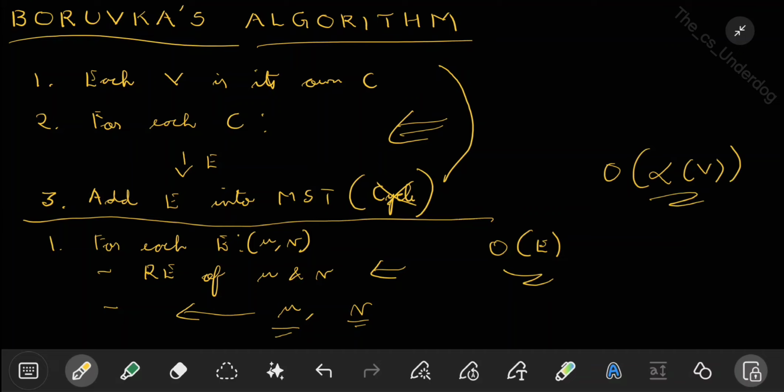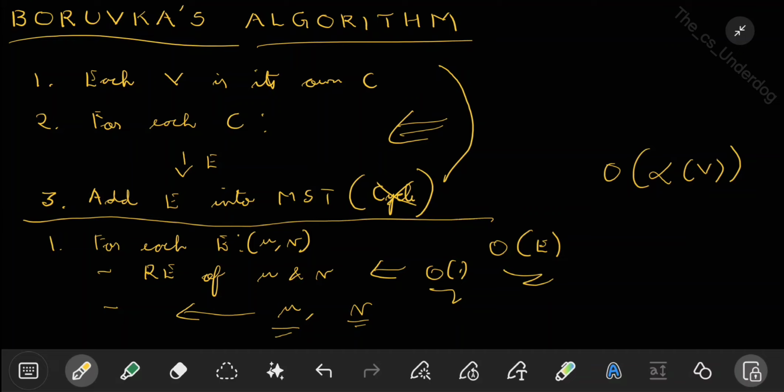We had already said that for all practical purposes, this gives you a constant value. So let us ignore this, considering it as a constant, order of 1. It is actually order of alpha of V, but a constant for all practical purposes. We explained this in detail in the path compression lecture in the data structure lecture series.